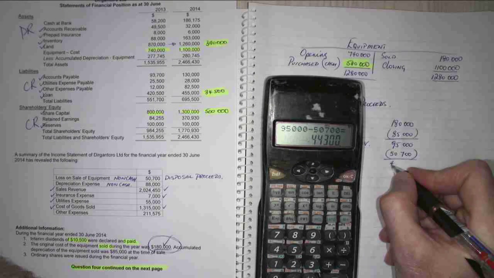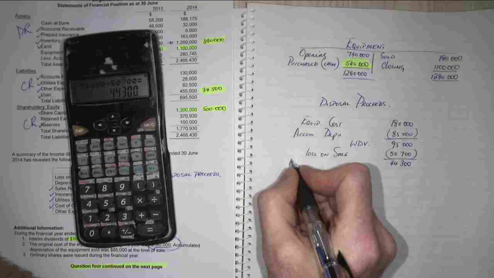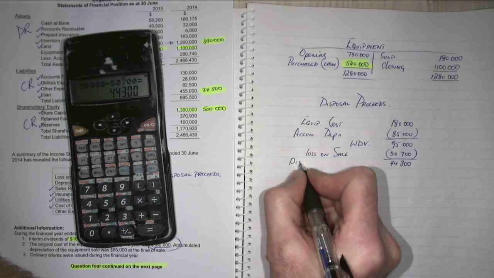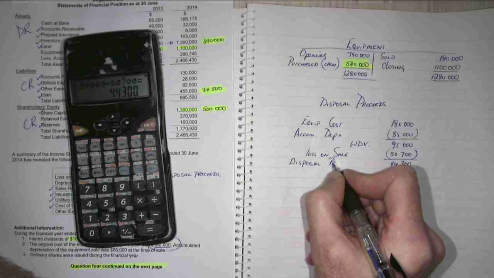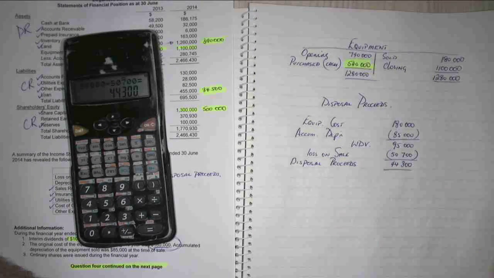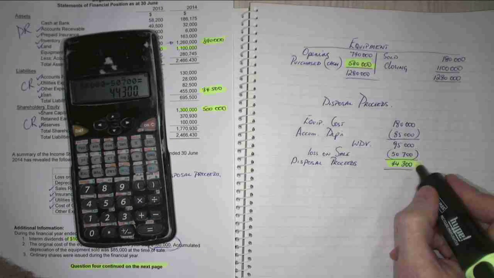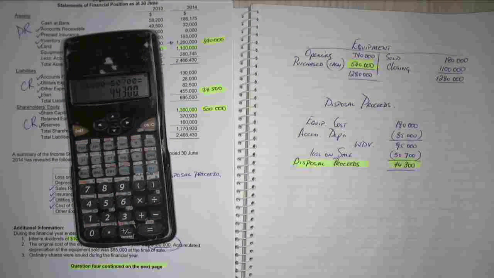I must have sold it for 44,300. And this is my disposal proceeds. So I'm going to include that. So that's my disposal proceeds.